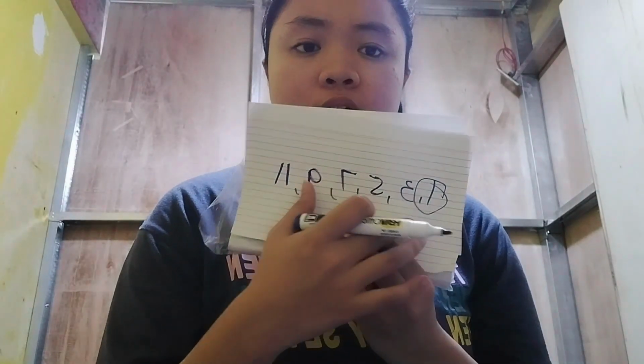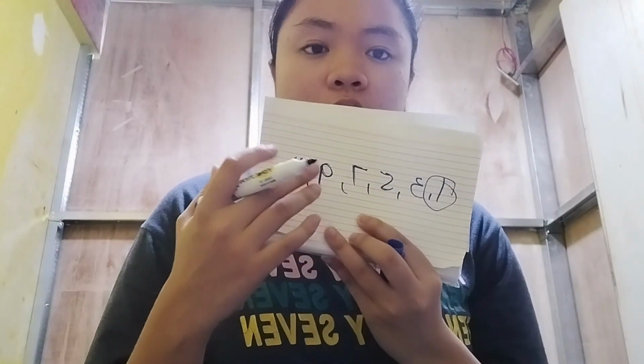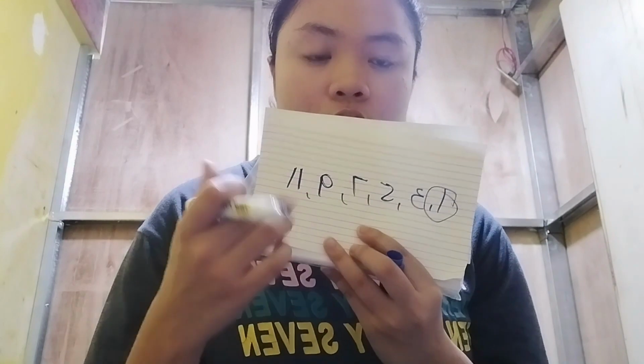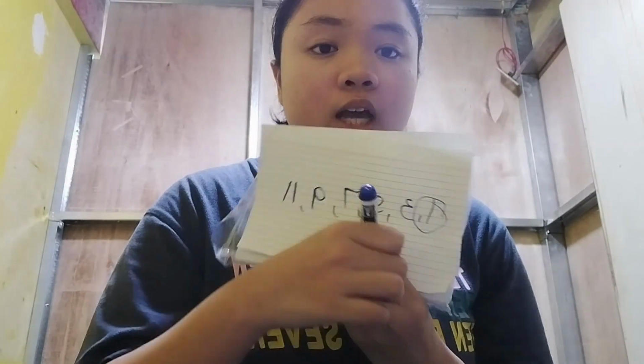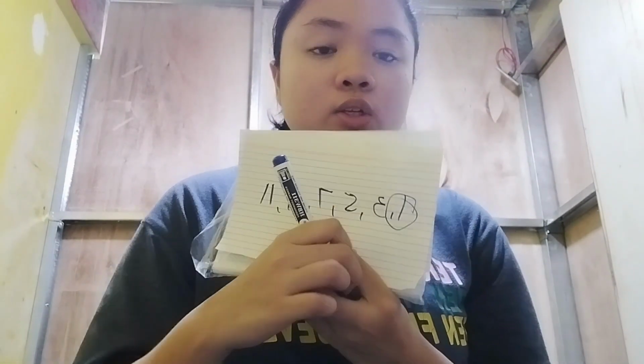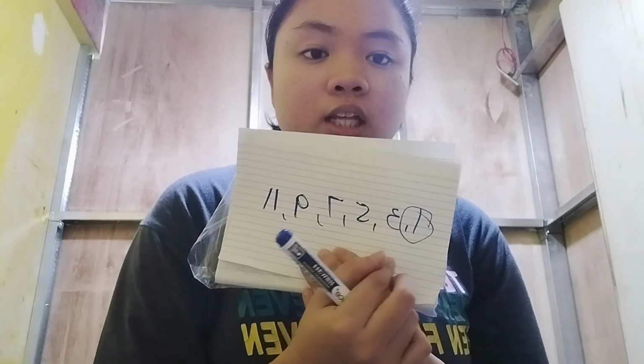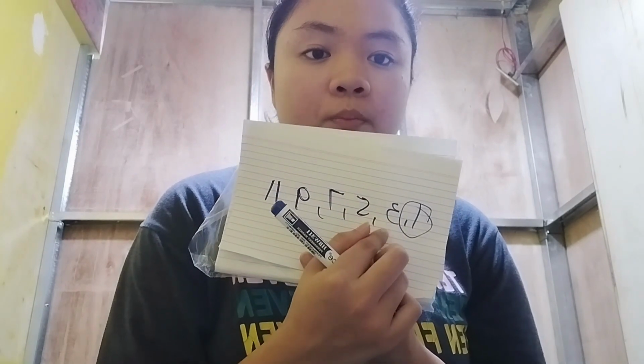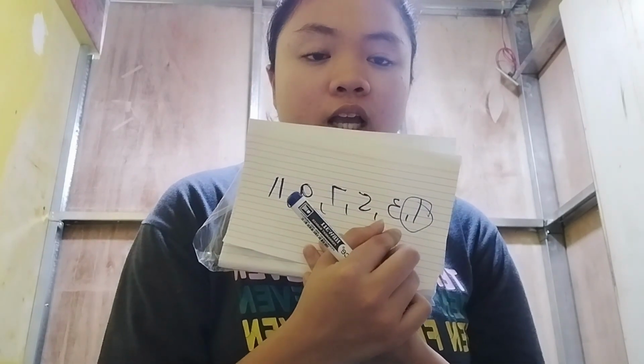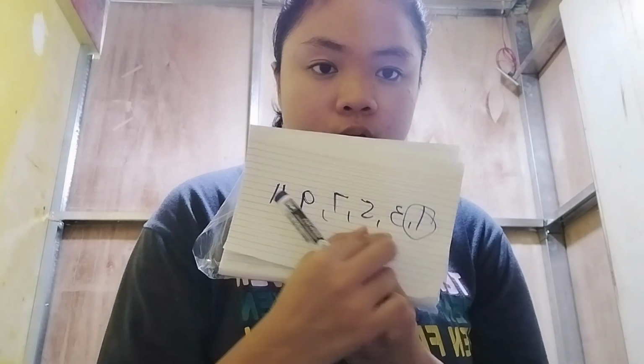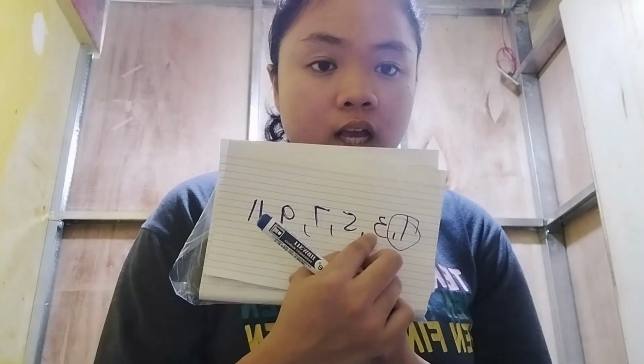So how are we going to know how to get the common difference or the constant d? In order to get the constant d, we need to know how much is needed to be added to come up with the next term. So to get the next term, 1 is added to 2.